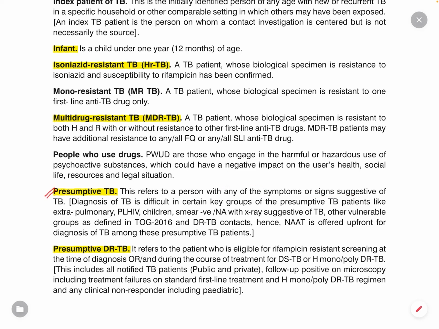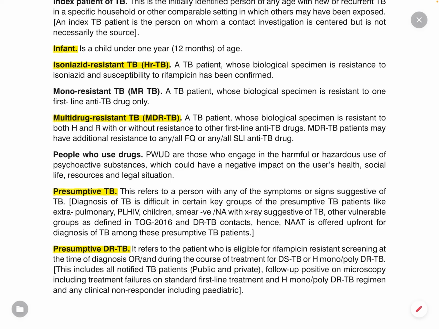This also includes other TB cases like extrapulmonary TB, PLHIV, person living with HIV, children's smear negative and X-ray suggestive cases, and other vulnerable groups like people working in mines, refugees, people living in slums, pregnant ladies, lactating mothers.